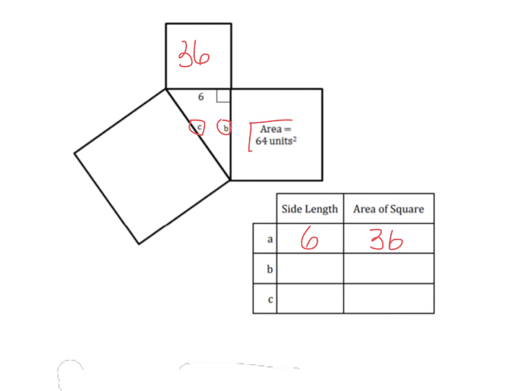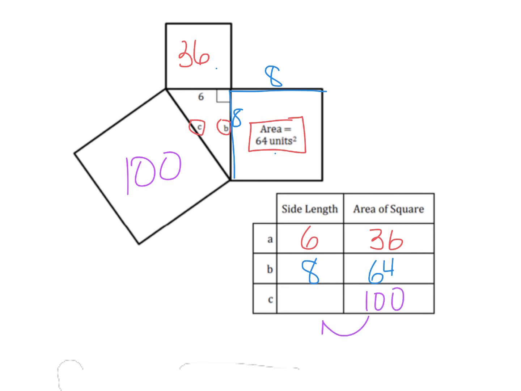And I have an answer for this one: its area is already 64. So what times itself gives me 64? It's 8, so its side length is 8. Then 36 plus 64 gives me 100 for the new area. That was easy to do.